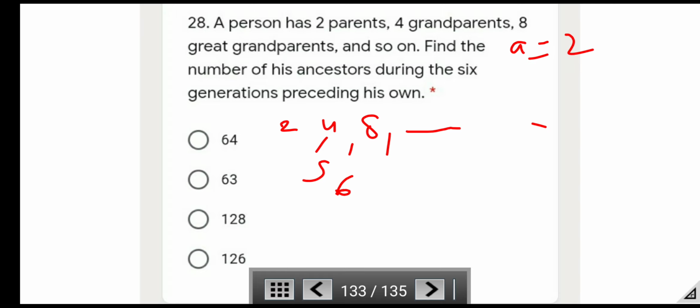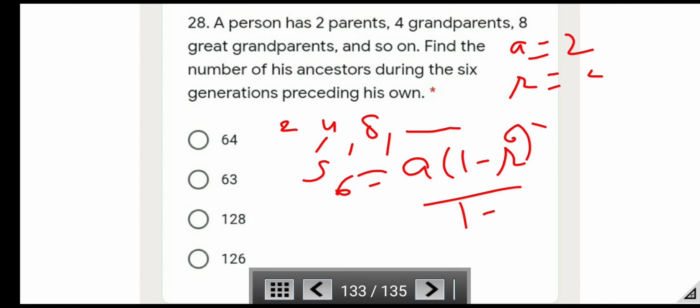A is equal to 2 and common ratio is also equal to 2. Now according to the formula, A times 1 minus r raised to the power 6 divided by 1 minus r.